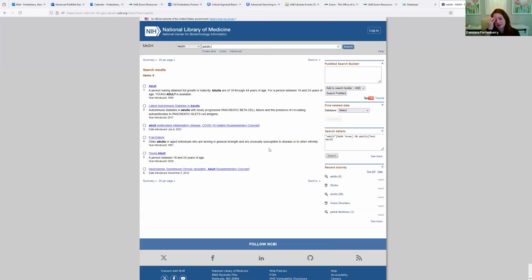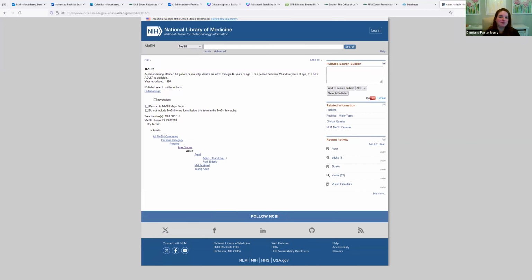Sometimes it's not obvious what MeSH terms are going to be best. So I looked up adults, but maybe there would have been a healthy adult. There's not, but I don't know that off the top of my head. I don't know until I go looking. So I do see adults though, and it defines it between the ages of 19 and 44 years of age. So maybe that's not the best one, because we're looking at adults over 50.